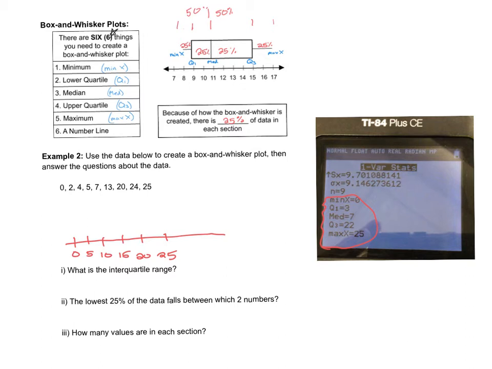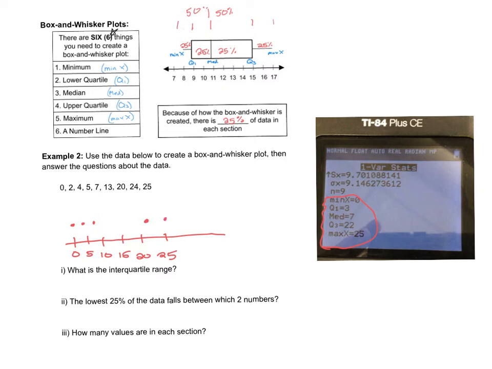So I always like jotting each of these points down. Our min 0. We have a Q1 at 3, so it's going to be something in that vicinity. Our median at 7. And our Q3 value at 22.